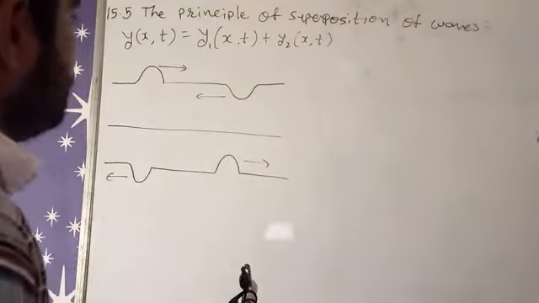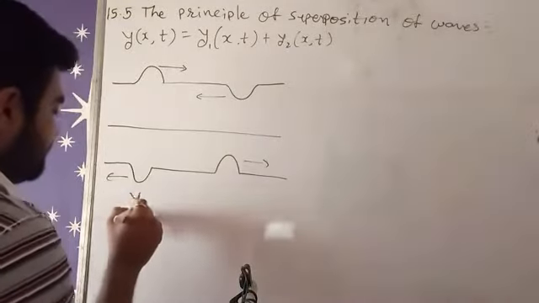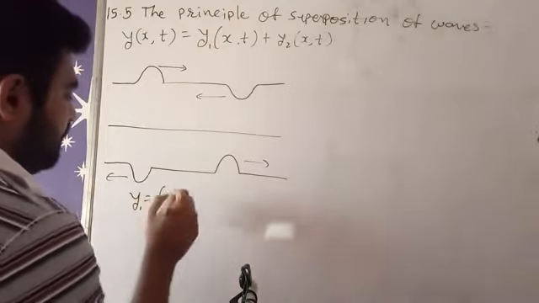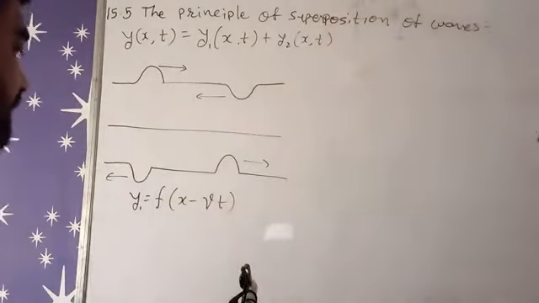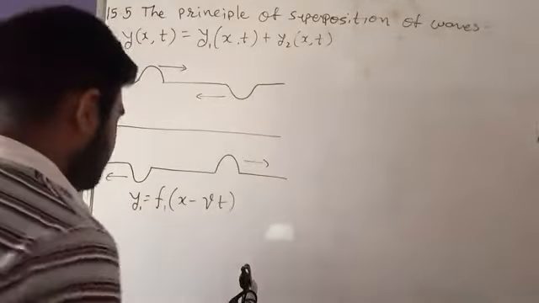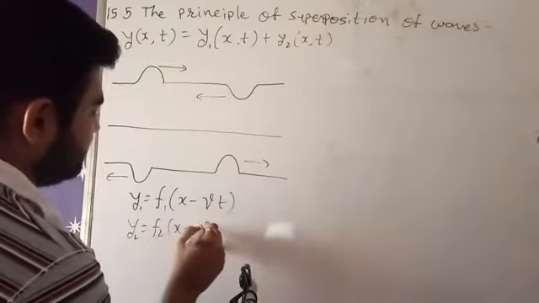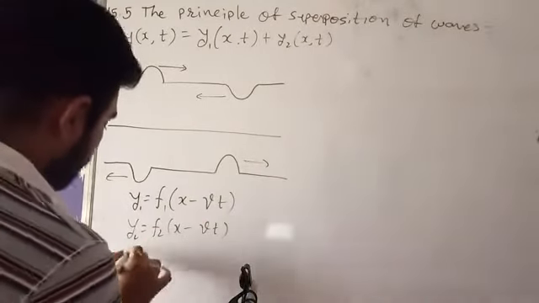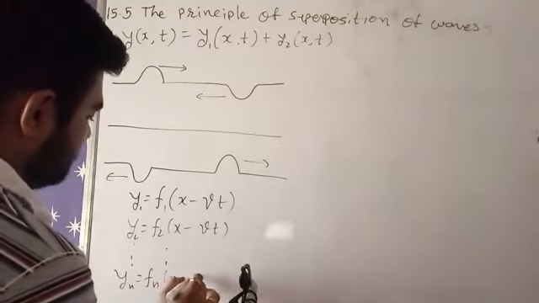Now we can also denote this formula like this. If we have y1, it is f1 of (x minus vt). So x minus vt, this is our first function. Then the second, y2, is equal to f2(x minus vt), up to yn, which is equal to fn(x minus vt).